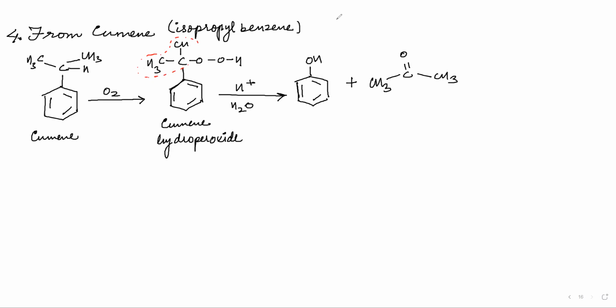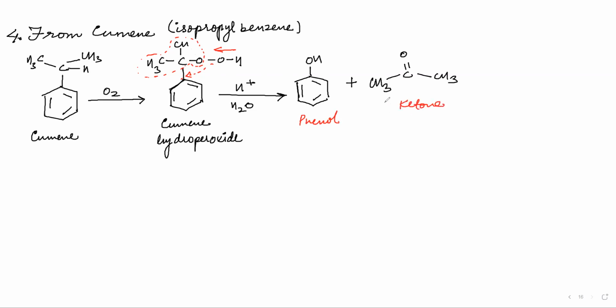This oxygen is also getting removed with the electrons, and this OH is just shifting its place and coming to this carbon. So you are getting phenol from this carbon, and you are getting a ketone from this isopropyl group. So this is a phenol here, and you also get a ketone.